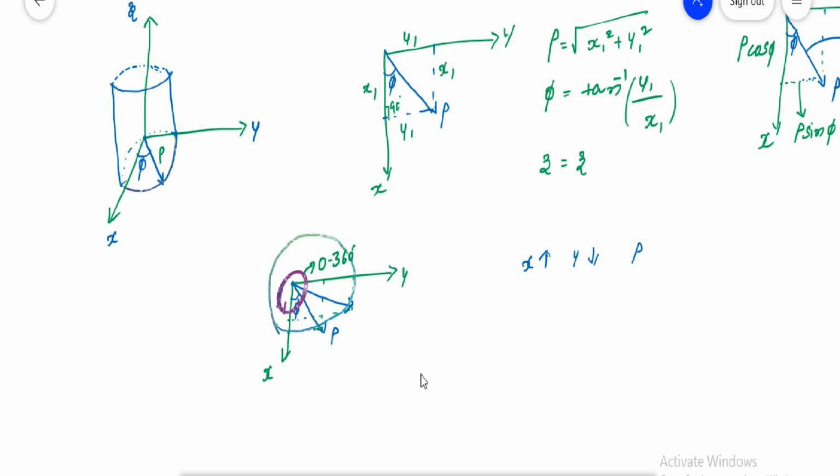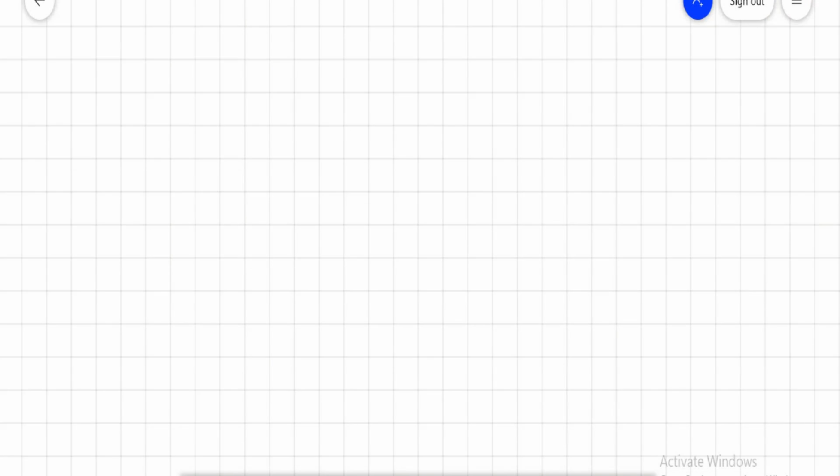Now let us see the conversion from the rectangular to the cylindrical coordinate system.